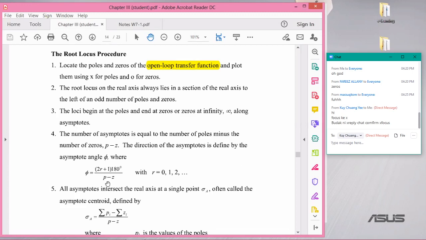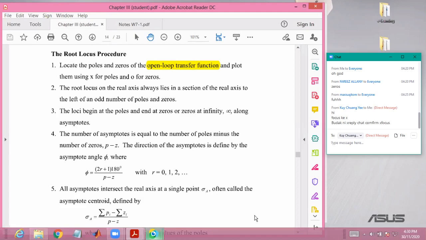The asymptote angle is computed using the expression (2r plus 1) multiplied by 180 divided by (P minus Z). Since we have 2 asymptotes, we use r equals 0 and r equals 1.